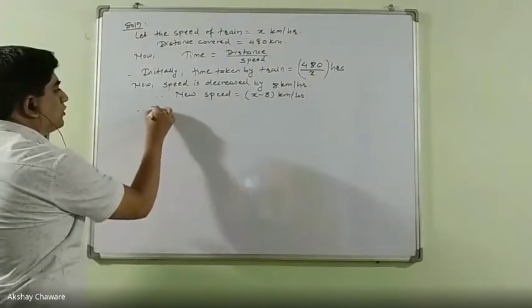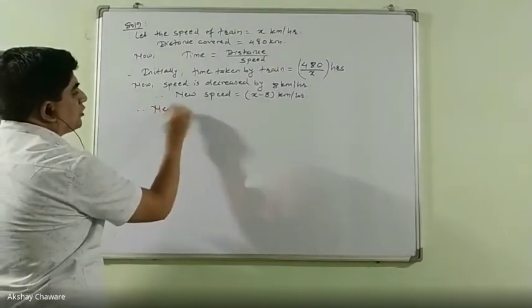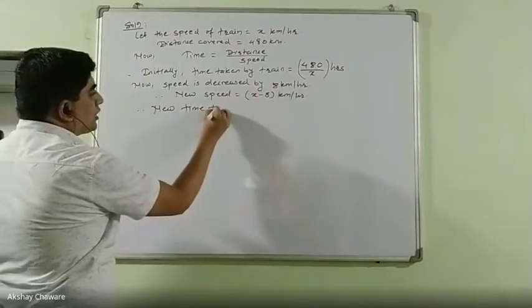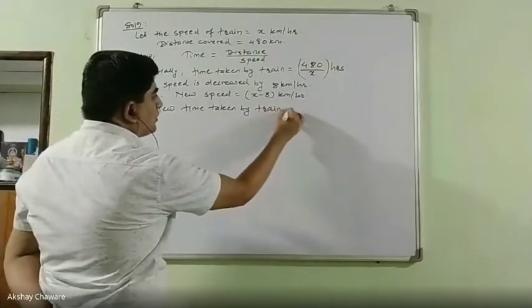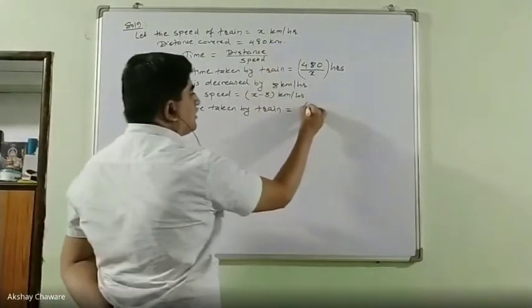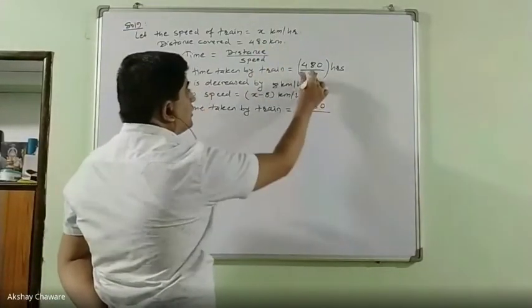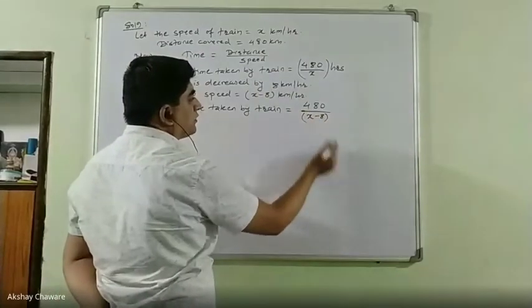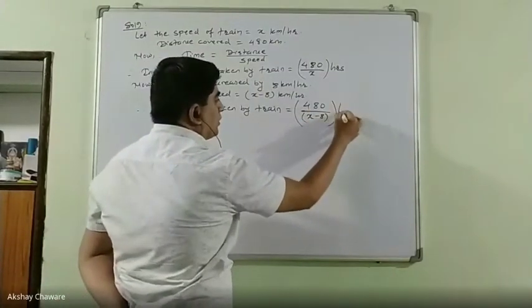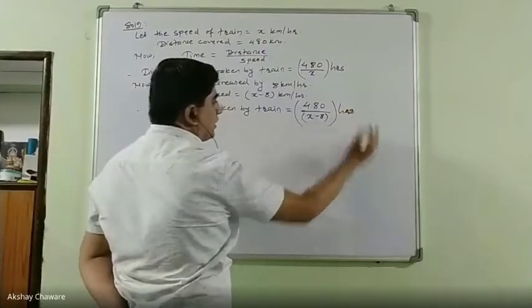And therefore the new required time, or the new time taken by the train, is again the same distance, 480, with the new speed, x minus 8. So 480 upon x minus 8 is the new time taken by that train.